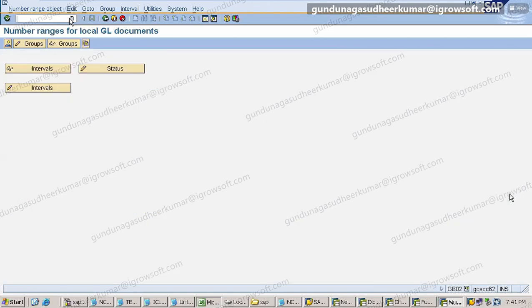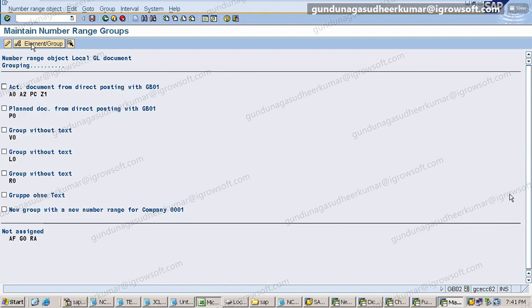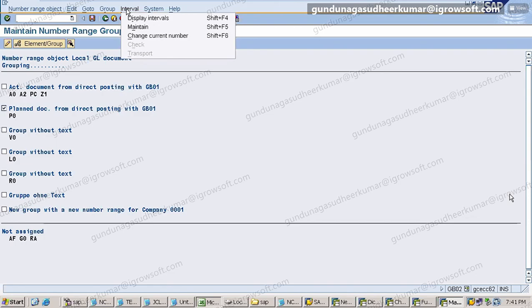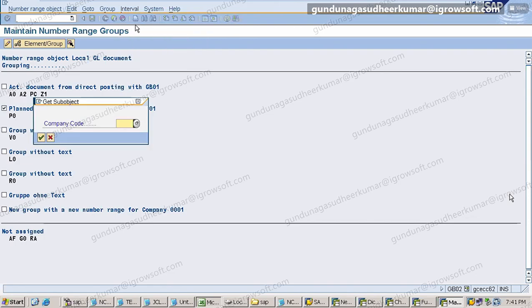So here you go to GB02, click on the groups, edit groups, change groups, maintain groups. Select the plan document, click on the interval or group and interval maintain. What is the company code?